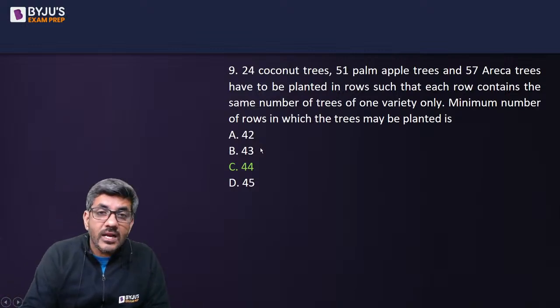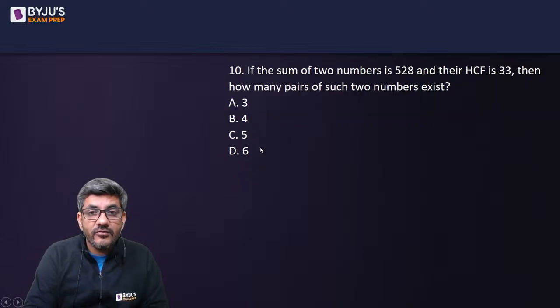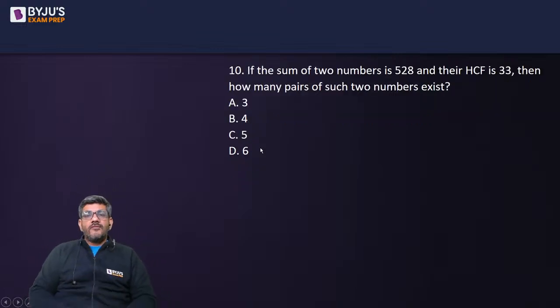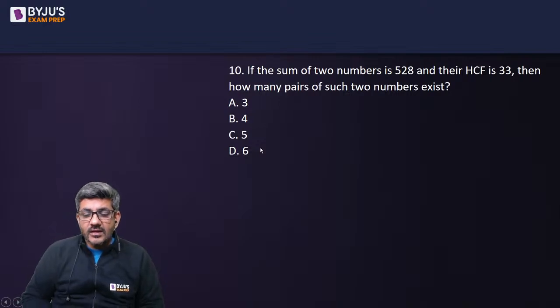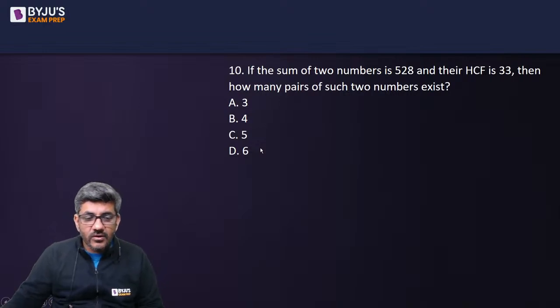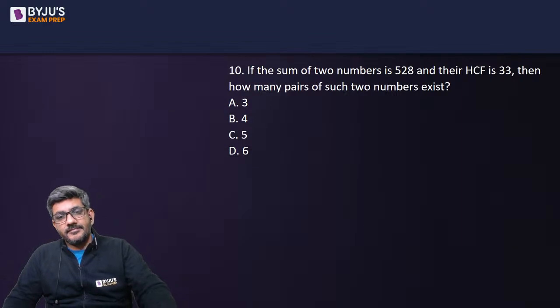I'll move ahead now to the last question of the day. Let's see how many of you answer this fast enough. The sum of two numbers is given, and the HCF is given. How do you find the number of pairs of such numbers?